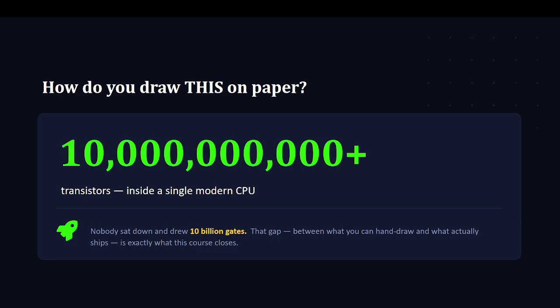Technically possible in theory, actually impossible in practice. Nobody sat there and drew 10 billion gates. So the real question isn't how do gates work? You know that already. The real question is how do you go from a handful of gates you understand to literally a city of them?